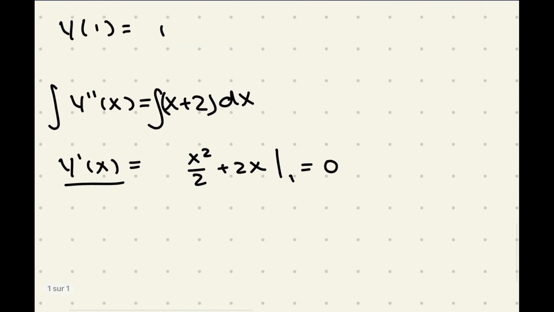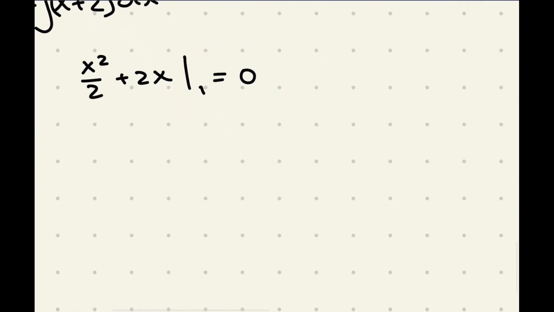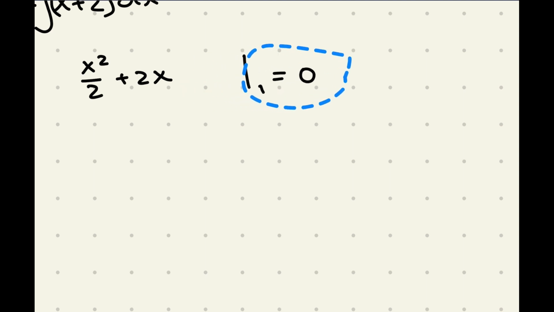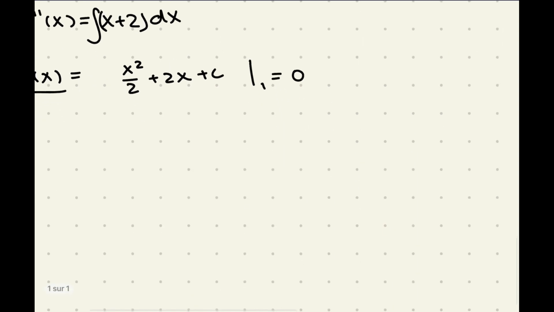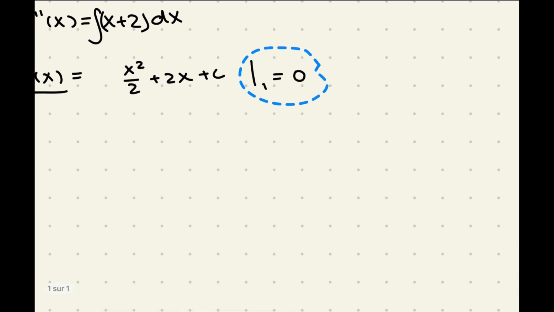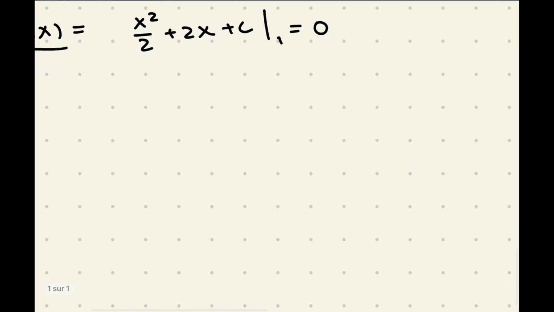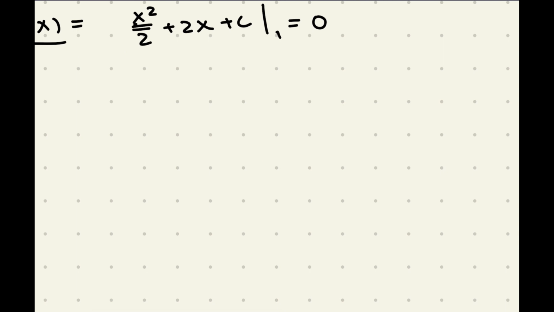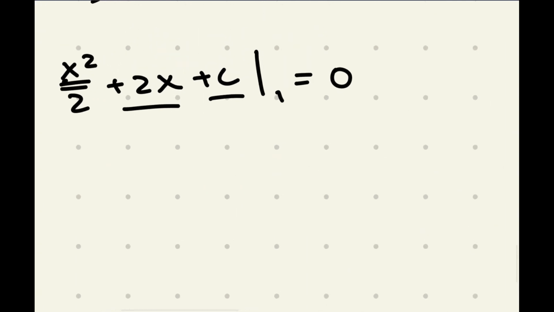Now, as you can see, I forgot a very important part, and that is the plus c. It is very easy to forget when you're integrating because it is something that you don't really consider. All right. We have x squared over 2 plus 2x plus c. Now we want to differentiate this c from a future c that's upcoming once we integrate again.